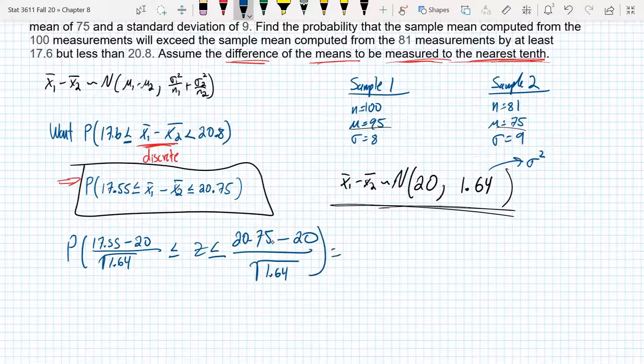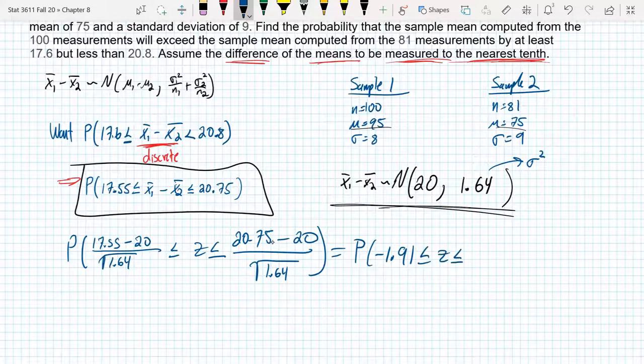And let's see what these bounds are. 17.55 minus 20 is negative 2.45. And then we're going to divide that by the square root of 1.64. That's negative 1.913, which I will round to negative 1.91, so we can look it up in our table, which goes to the hundredths place.